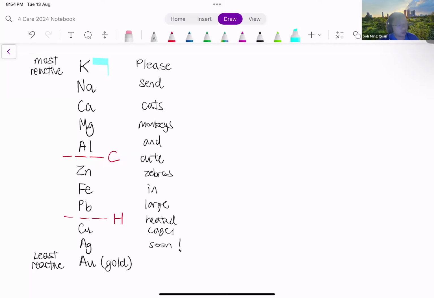First, the metals that react with water are the first 4. The first 4 react with cold water. That means potassium, sodium, calcium, magnesium. These are the ones that react with cold water.